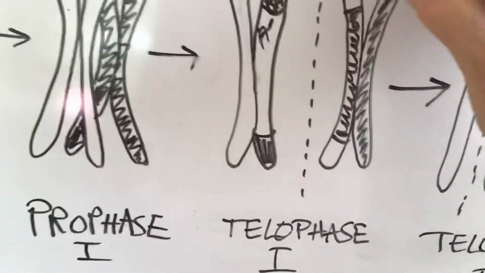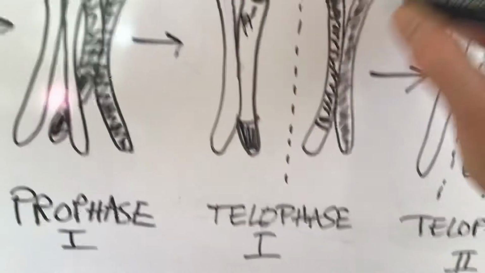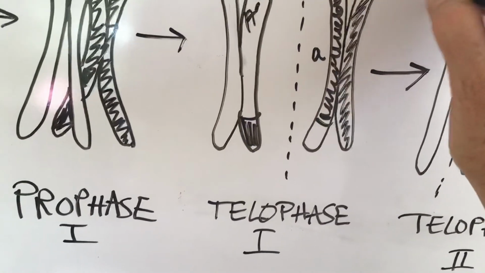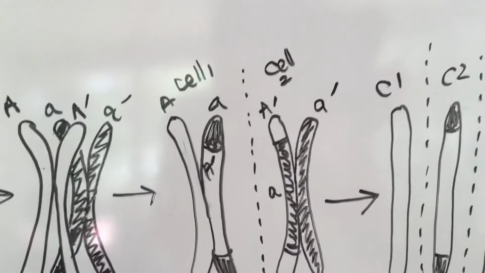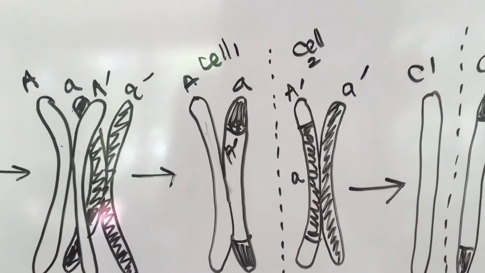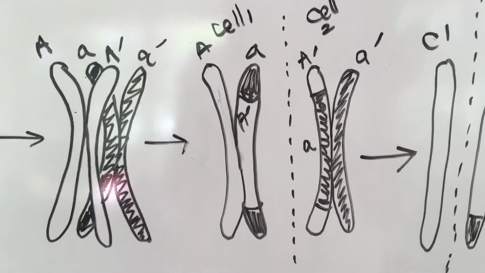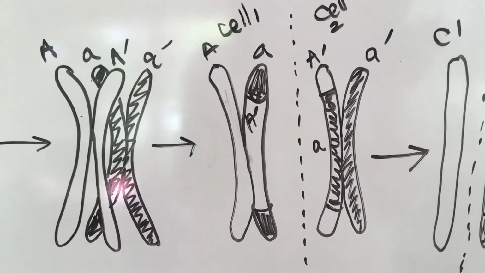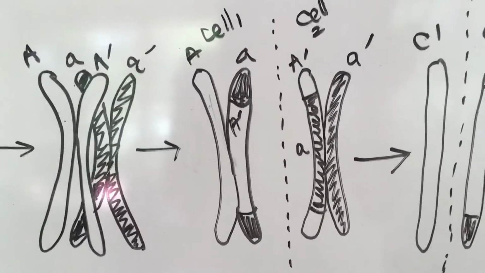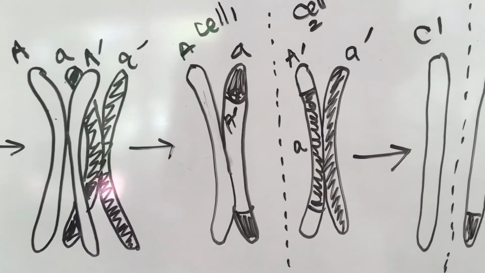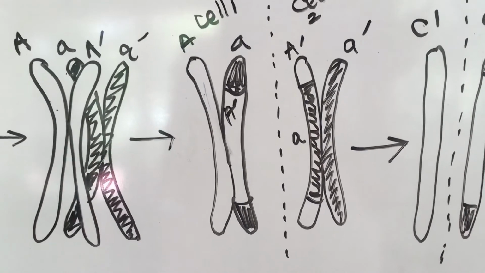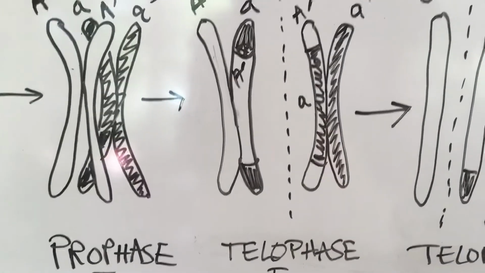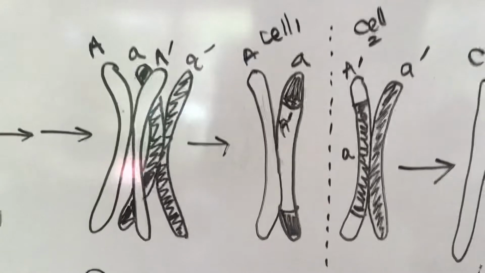And right here, this would be capital A prime, but this would be little a, and this would be little a prime over there. All right, so you can see how little a and A prime have exchanged pieces. Capital A and little a prime have not in this picture. Most of the time, though, in reality, all of the chromosomes would have had some exchange.